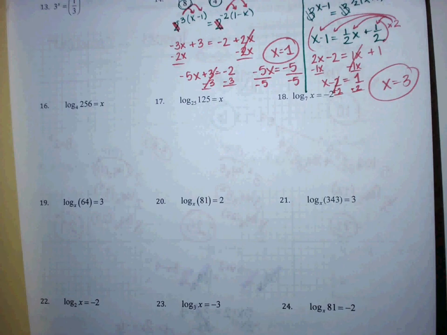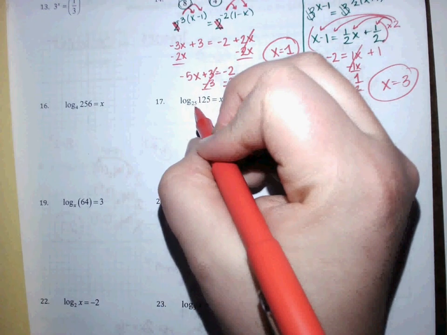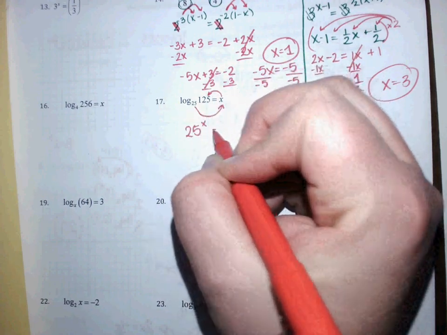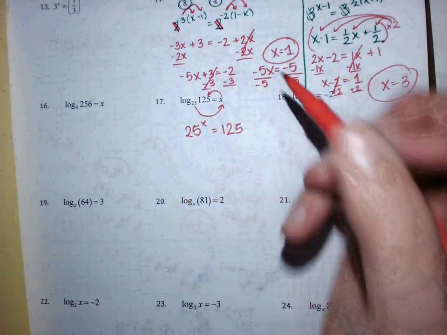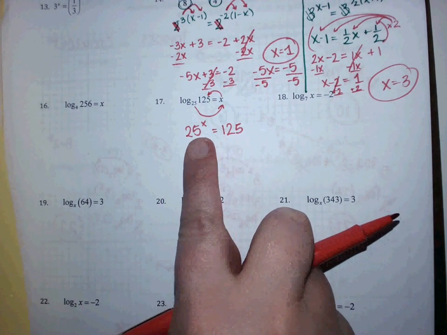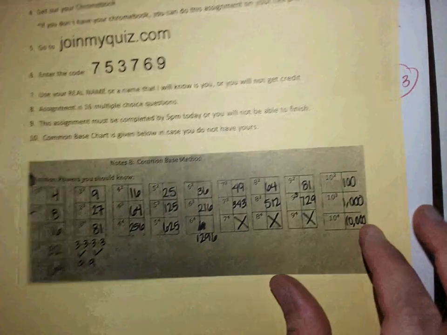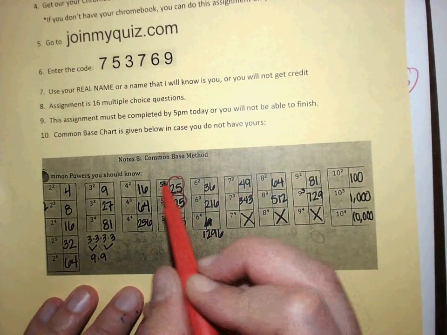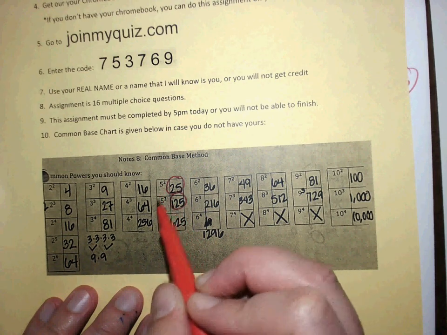So I see that I have a log. Well, then I'm going to do 25 up to the x, bring it back around, equals 125. Then I'm going to pull up my chart here, and I want to see if 125 and 25 share a common base. Okay, well look, you see them both right here. Okay, 25 is a 5 to the 2, 125 is a 5 to the 3.